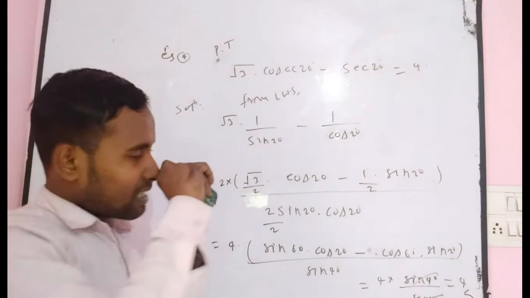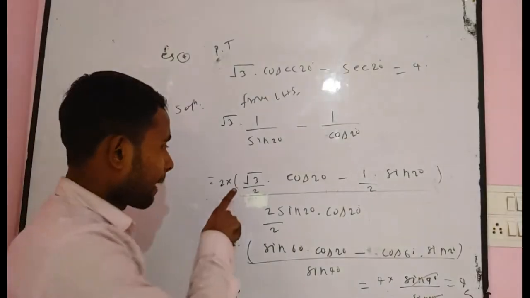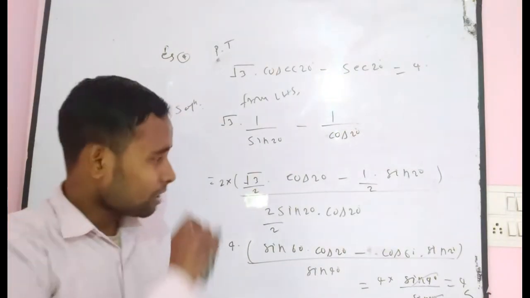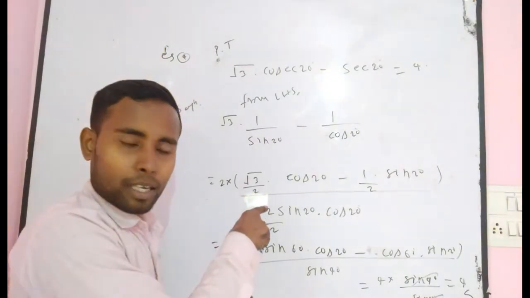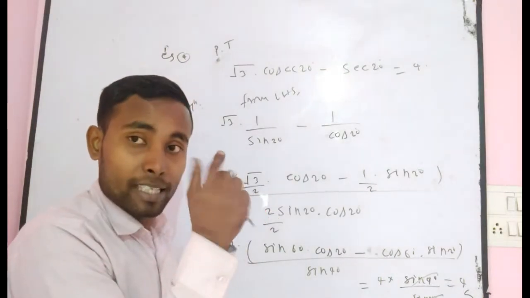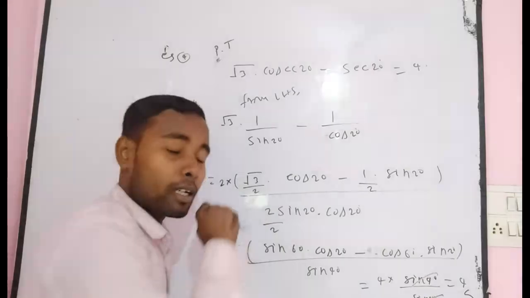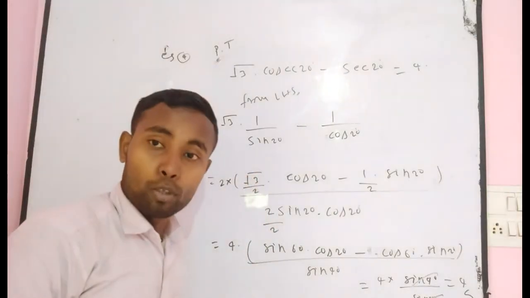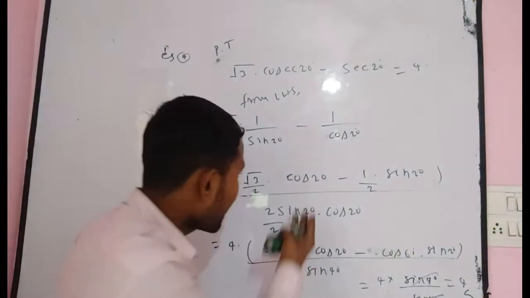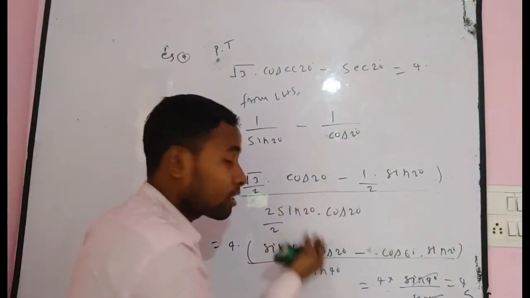You can think about this problem. There is a simple clue: divide by 2 and multiply by 2, because here root 3 is given. Looking at root 3, a simple idea arises in your mind. Suppose there is a root 3 by 2, it becomes sin 60, and there is also 20. 60 and 20 can be manipulated with each other and you get 40.